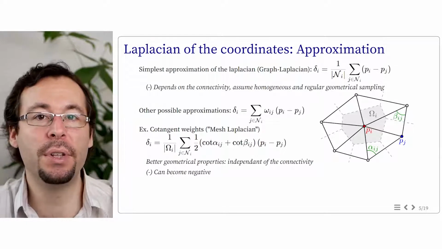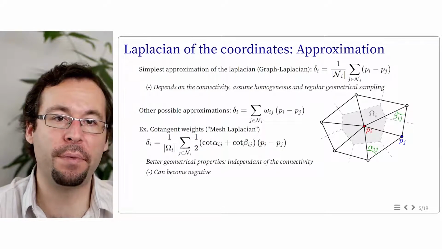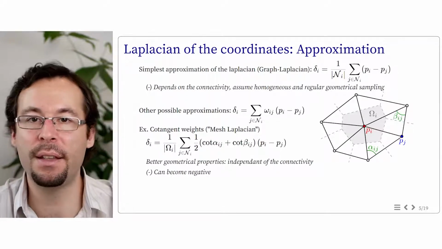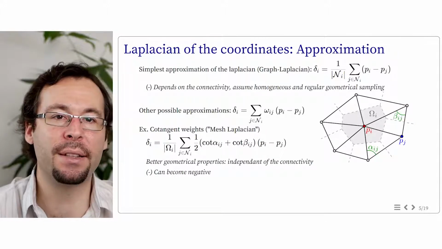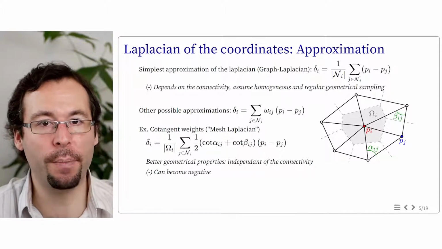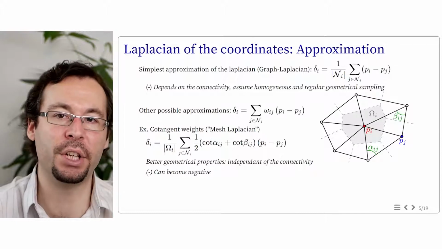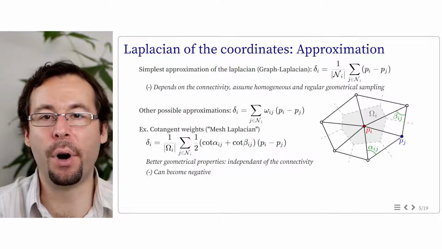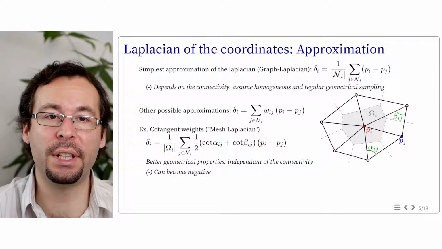I won't go into the details of the derivation of this formula that you may have seen in other classes, but such a formulation takes more into account the geometrical properties of the triangulated mesh. Therefore, it's more independent of the connectivity.